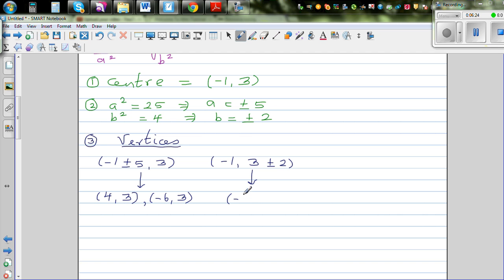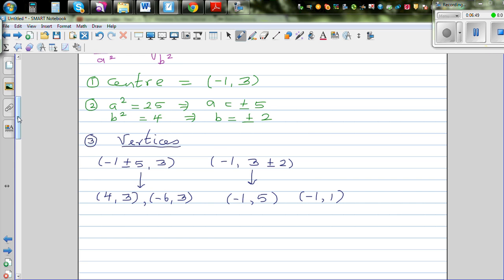This is minus 1 and 3 plus 2 is 5, and 3 minus 2 is 1, so this will give you minus 1 comma 1. So these are the 4 vertices.